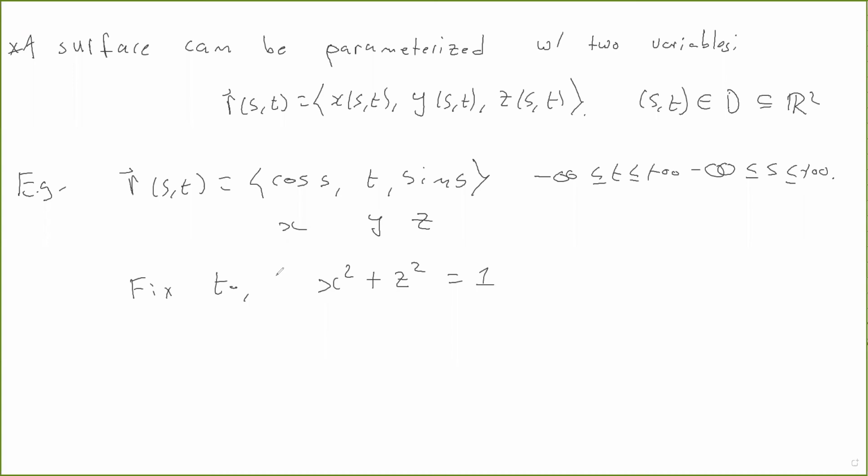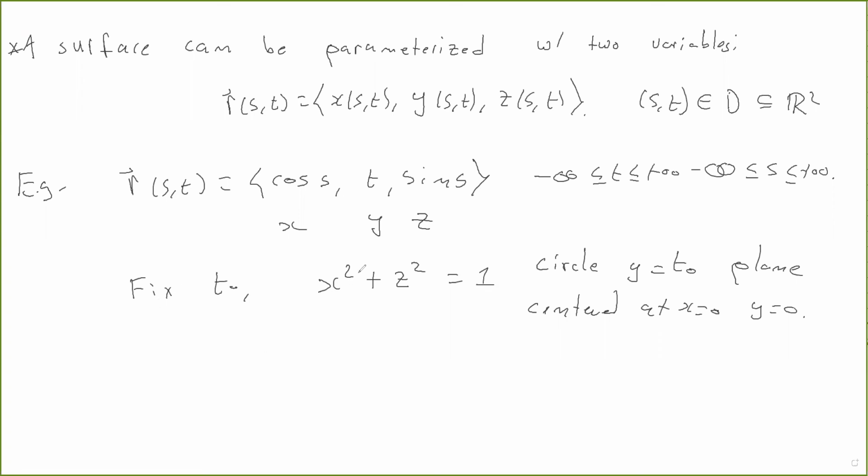And if we fix a value t naught for the parameter t, and let s go from minus infinity to positive infinity, this is just going to be a circle in the y equals t naught plane, centered at x equals 0 and z equals 0. So it's a circle in a plane parallel to the xz plane, and it's a circle of radius 1.